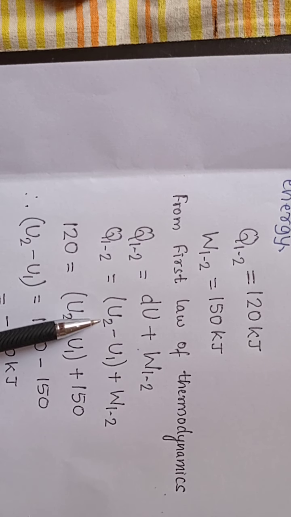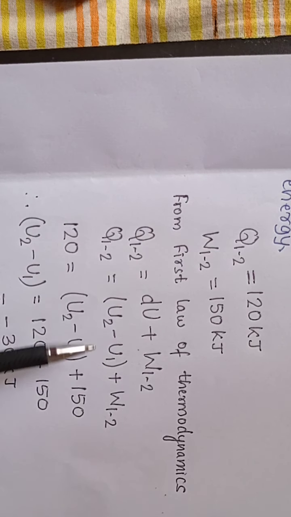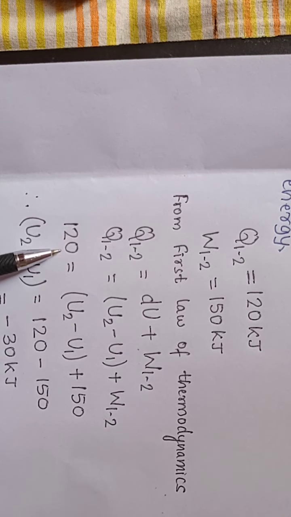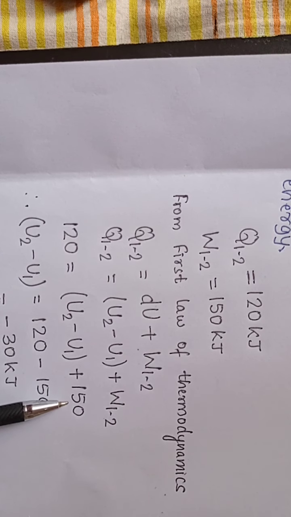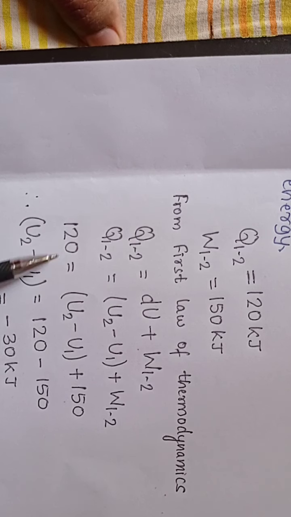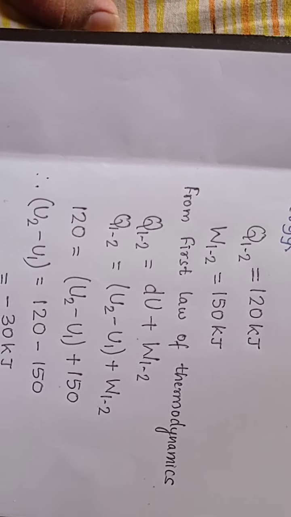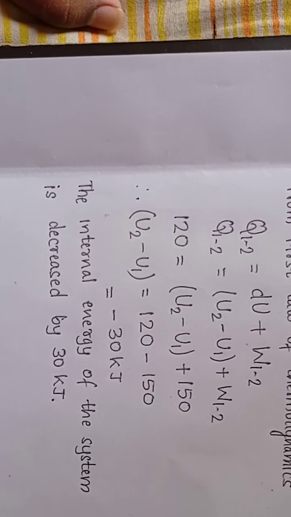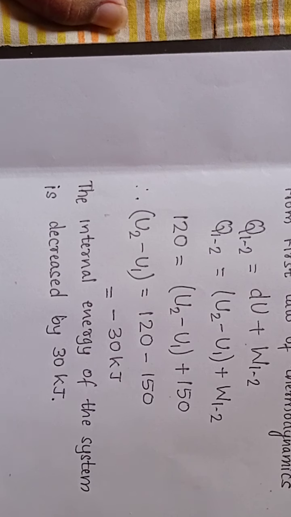Delta U is U2 minus U1. So Q12 is 120 kilojoules and W12 is 150 kilojoules. So U2 minus U1 will be equal to 120 minus 150, so minus 30. What is the meaning of this minus 30? The internal energy reduces by 30 kilojoules.